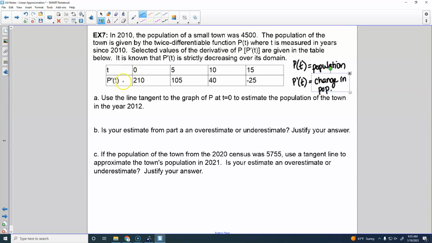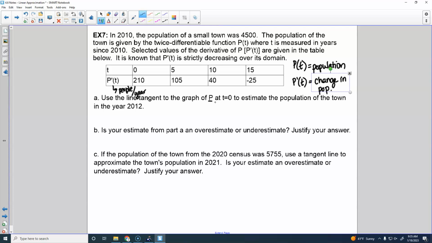So like this right here would be measured in people per year. So at t equals 0, the town is gaining 210 people per year. Okay, so it's important to distinguish what you're looking at here from the beginning so you know what to use. So we need a line tangent to the graph of p at t equals 0 to estimate the population of the town in the year 2012.